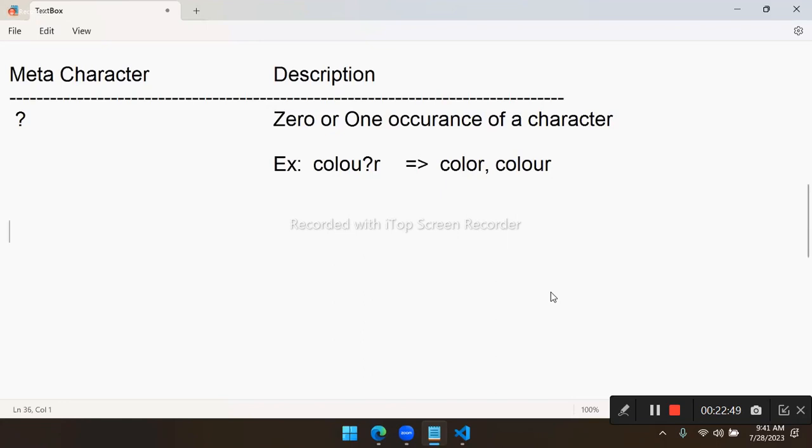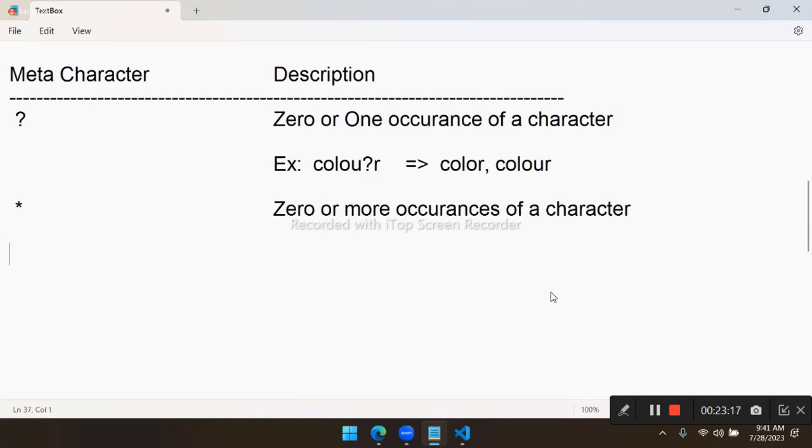Next, important, in the meta characters, we have the asterisk. The asterisk represents 0 or more occurrences of a character.